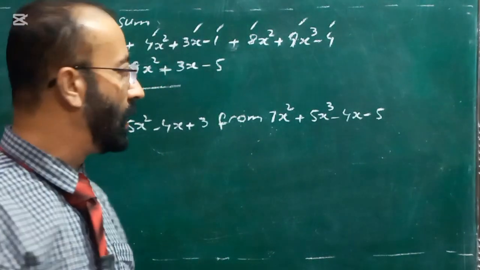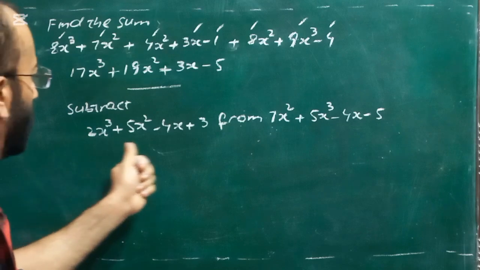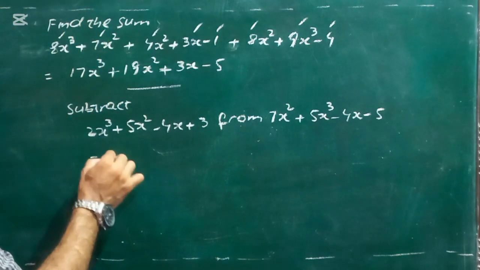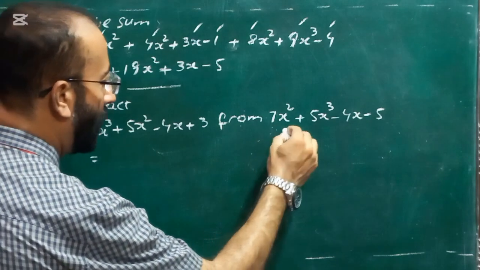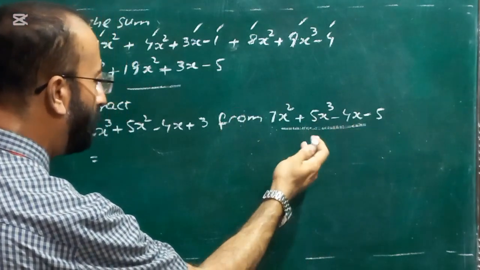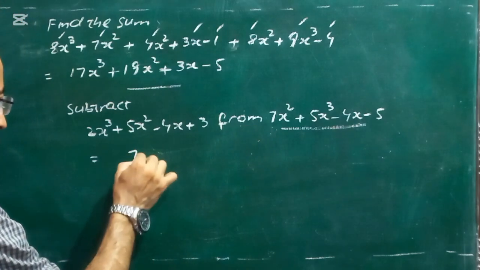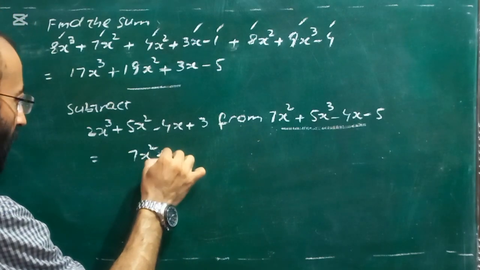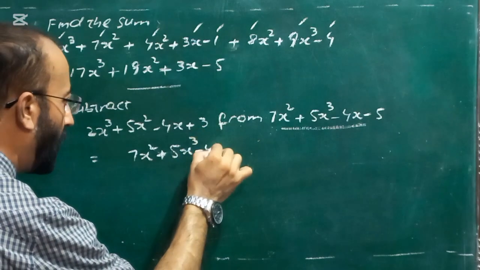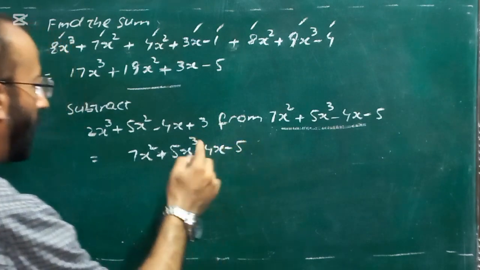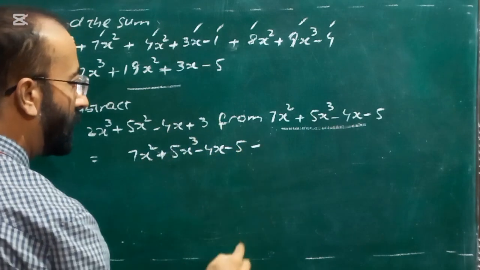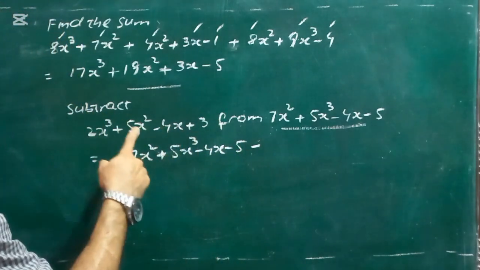Another type of question is here, subtract this value from this value. So the method in this kind of question is, first the value which is written after the from will be written first, like 7x square plus 5x cube minus 4x minus 5 will be written first, and the value before the from will be written after, but a minus sign will be there because we are going to subtract the value.